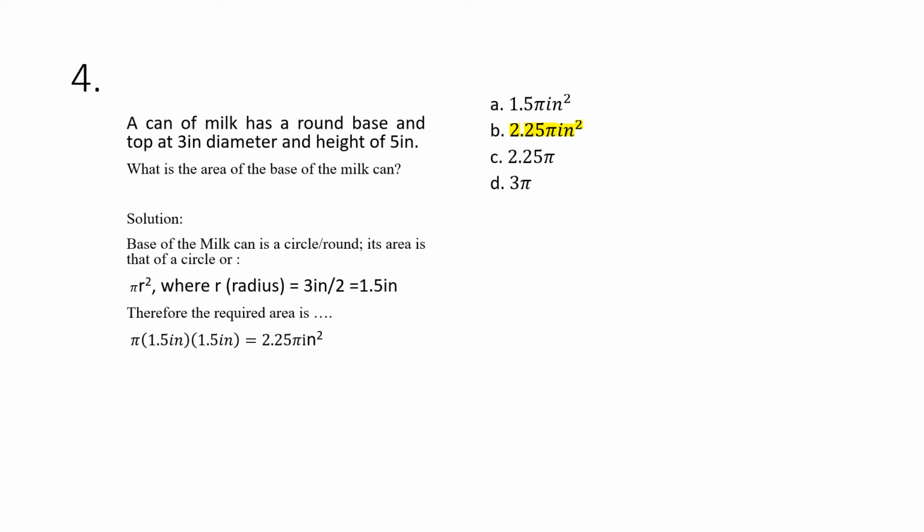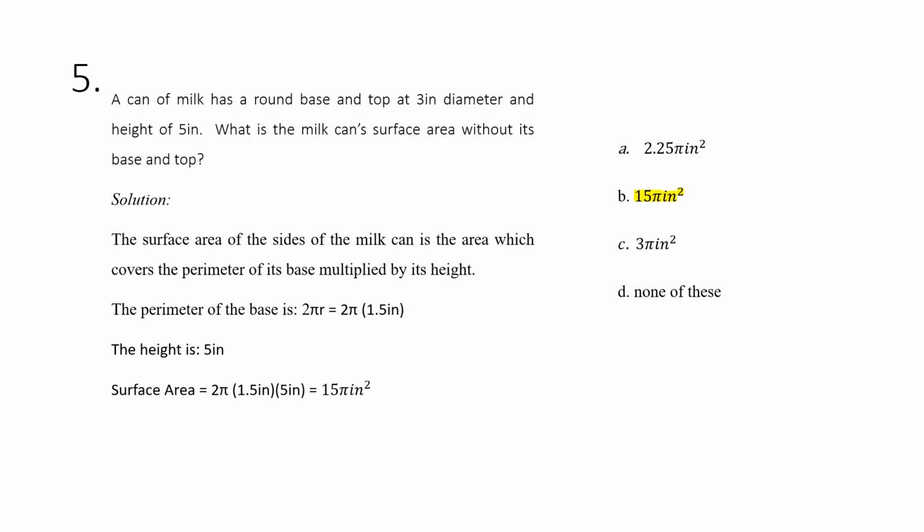For number 5, a can of milk for the same problem as that of number 4, we are asked for the milk can's surface area without its base and top. So this will correspond to the area of the sides of the milk can.